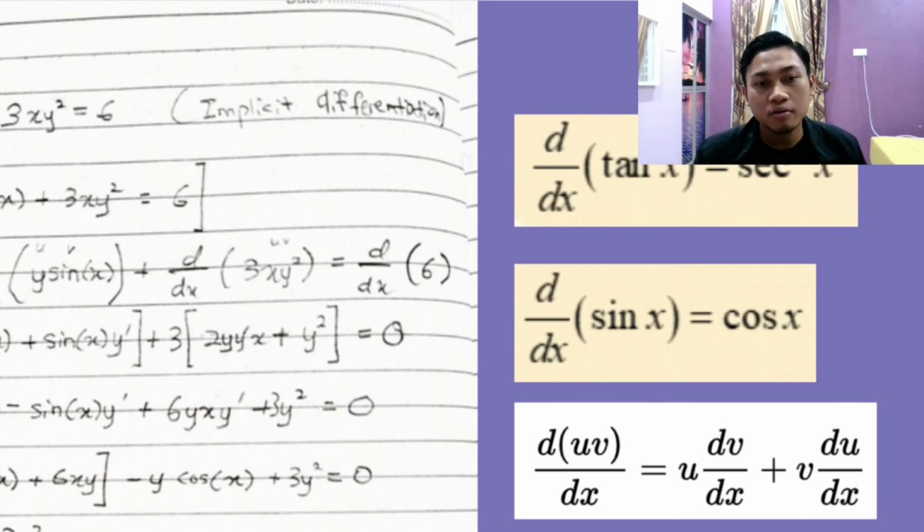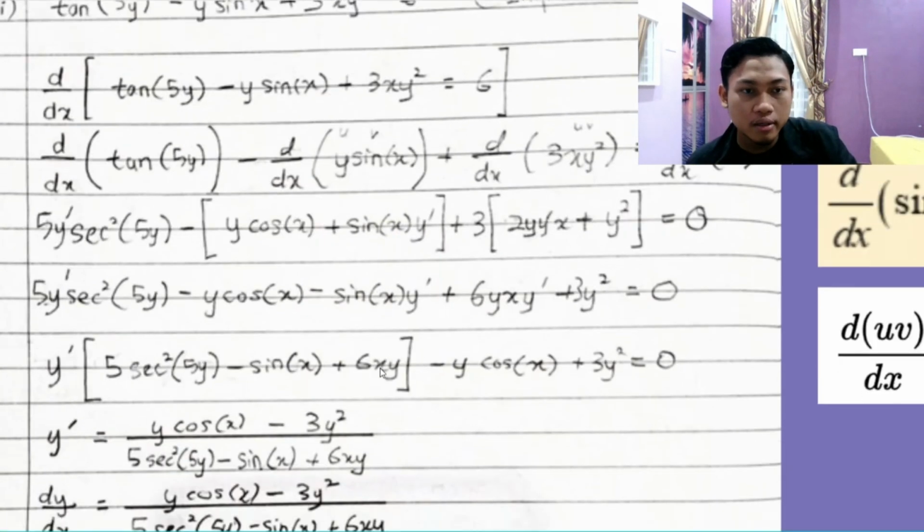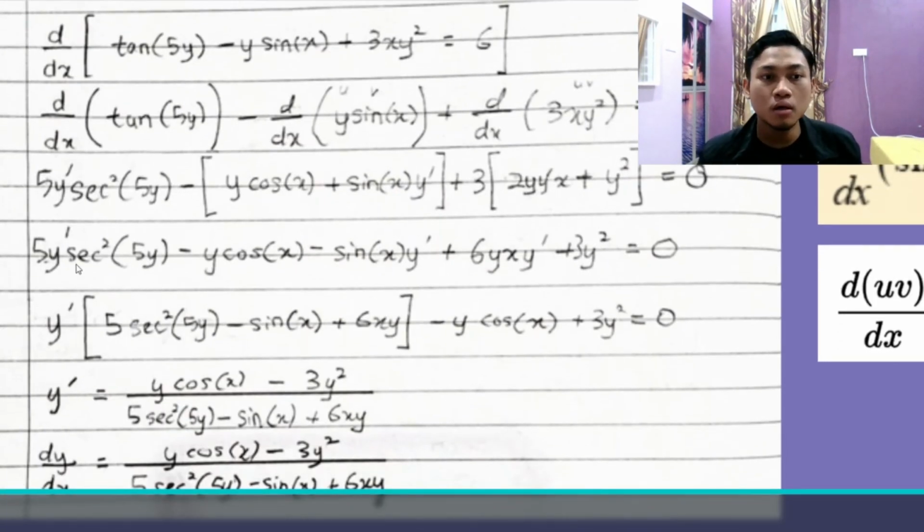So yeah, the last part is d over dx of the constant. When we differentiate a constant, it is equal to 0. So yeah, we get our equation. So we have y prime. y prime is equal to dy over dx. So take note about that. So we just arrange the equation.